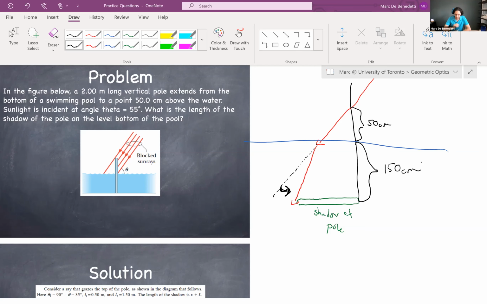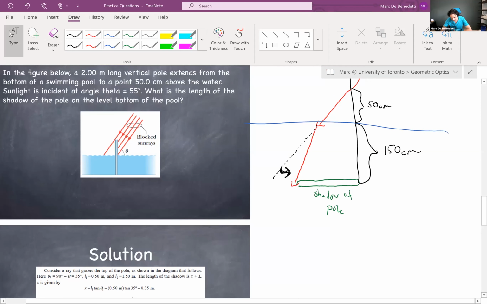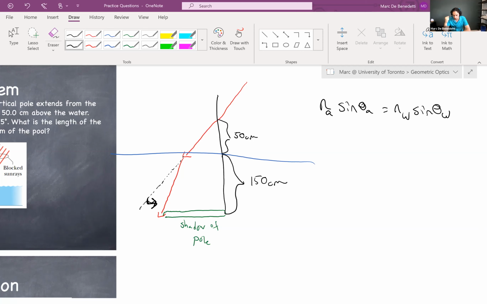So let's keep going. Let us figure out how much bending is going on. So let's just do Snell's law because we can predict we're going to need Snell's law at some point. Instead of saying 1, let me say n air sine theta air equals n water sine theta water. Okay, so we have n air, it's 1. We have n water, it's 1.33. We have the angle of incidence, it's 55 degrees.